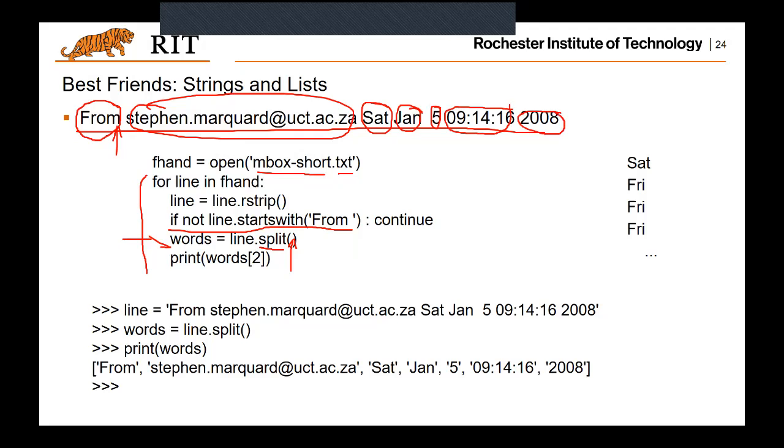And now you want to print out word[2]. That is the third element in that list. This is the first one with index 0, 1, 2. You want to find which day this email was sent, and so you will have a result like this: Saturday, Friday, Friday, and so on.